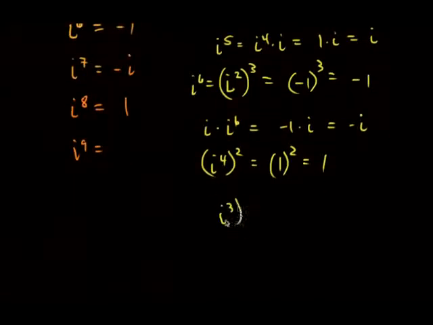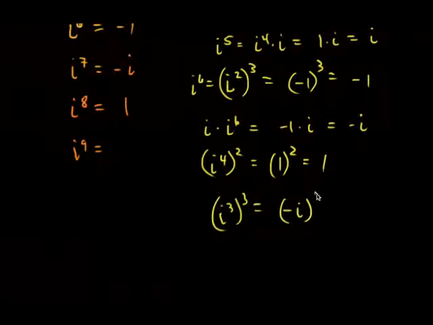So let's do i cubed, maybe? What is i cubed equal to? I believe that's -i. Okay. And cube that would be, well, it'd still be negative. It'd be -i cubed. And what's i cubed? Well, that's negative of -i, right?